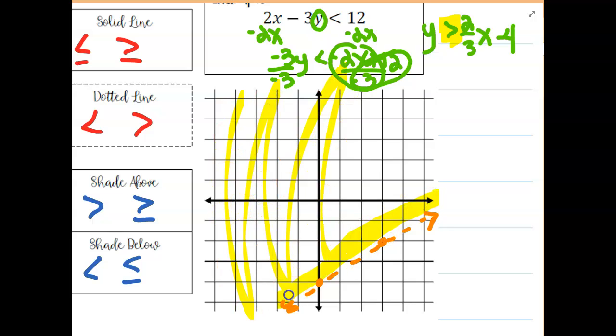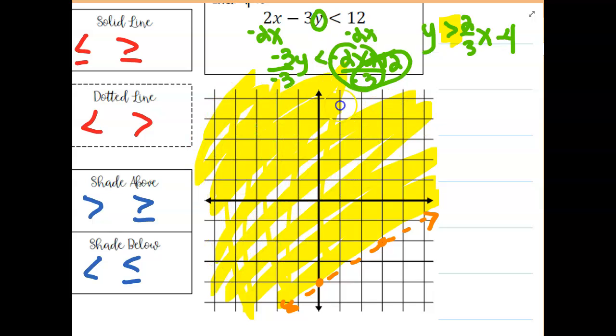And I like to use a highlighter just because it covers a little bit better. You definitely do not have to. But by shading above this line, every single point above that line would work in this inequality.